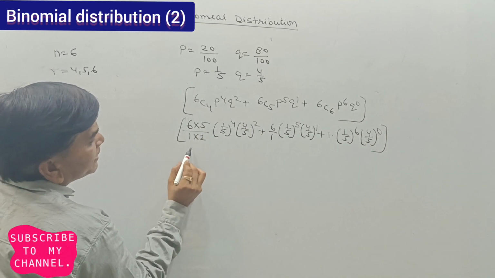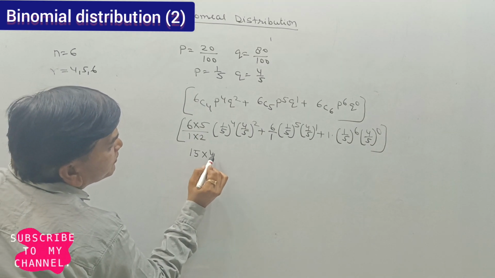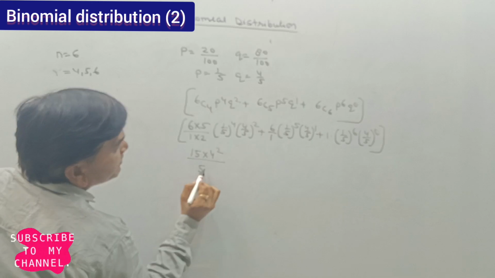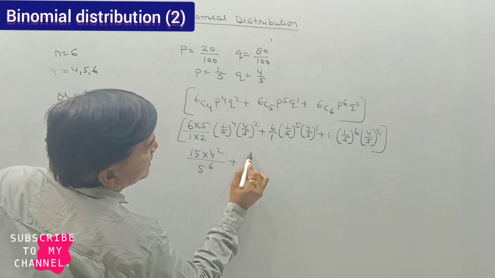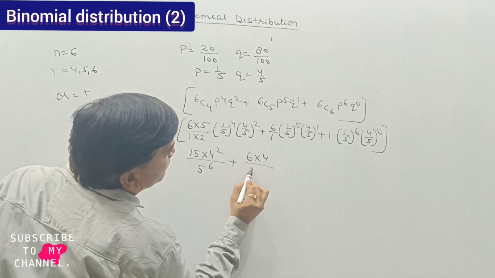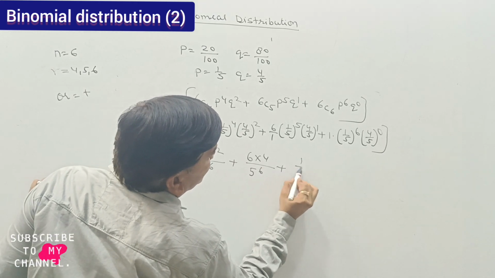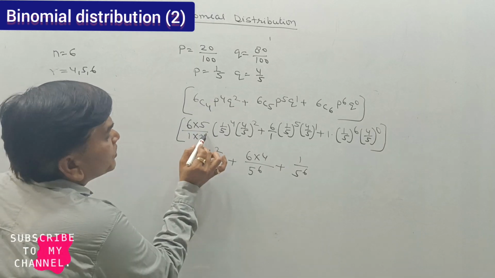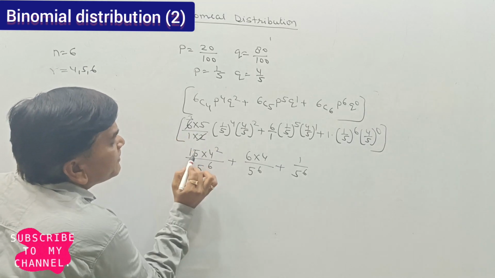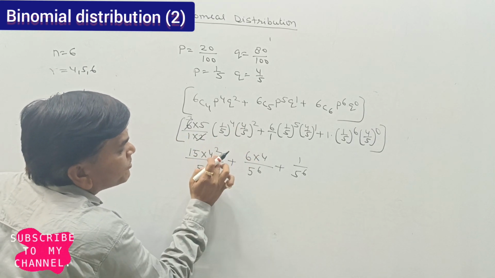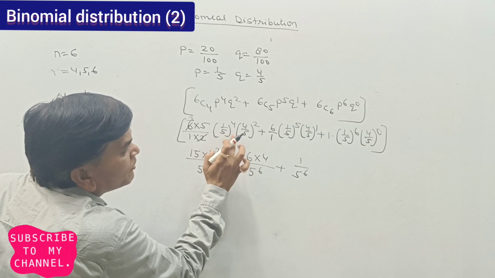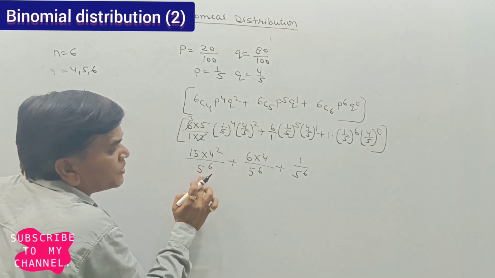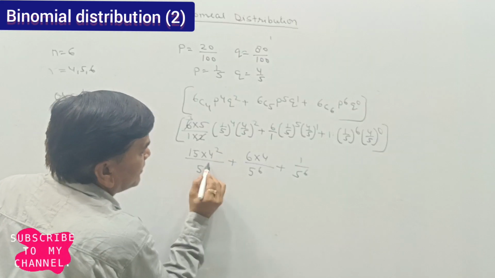So that is 15 multiplied by 4 raised to power 2 upon 5 raised to power 6, then 6 multiplied by 4 upon 5 raised to power 6, then 1 upon 5 raised to power 6. Here, 2 threes are 6, 3 fives are 15, and this is 4 raised to power 2 divided by 5 raised to power 4 and 5 raised to power 2, that is 5 raised to power 6.